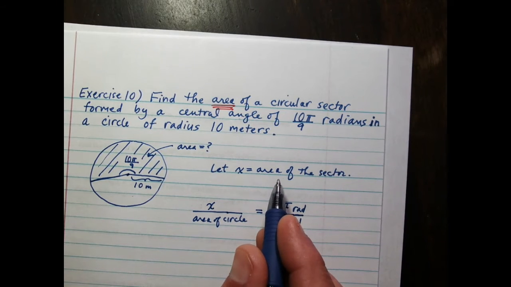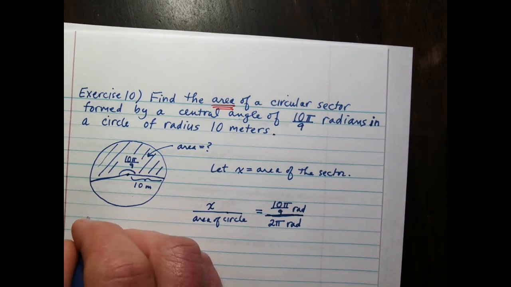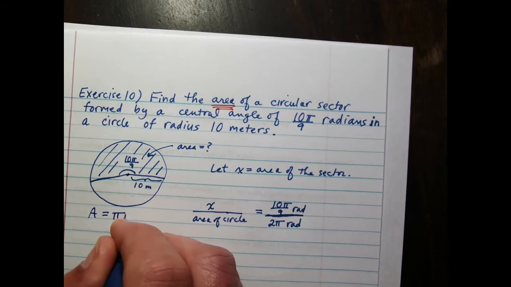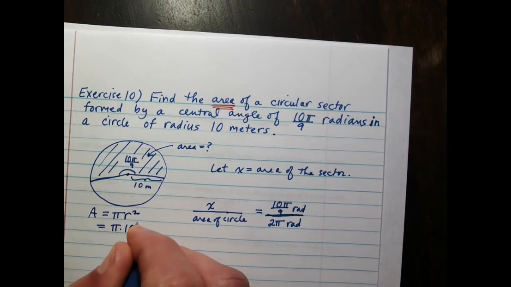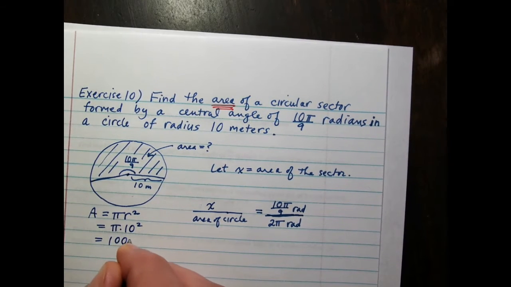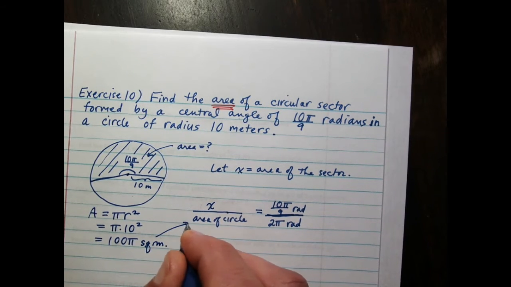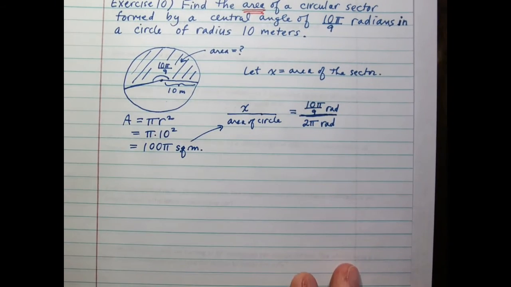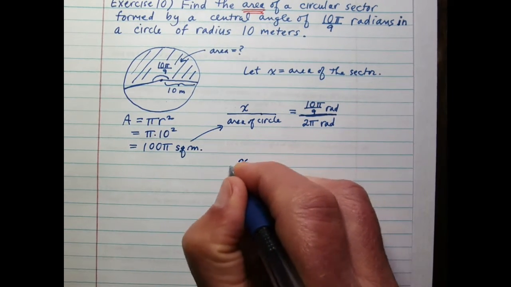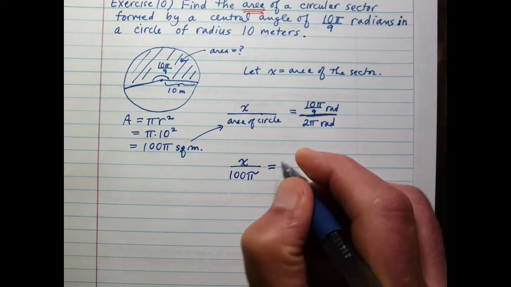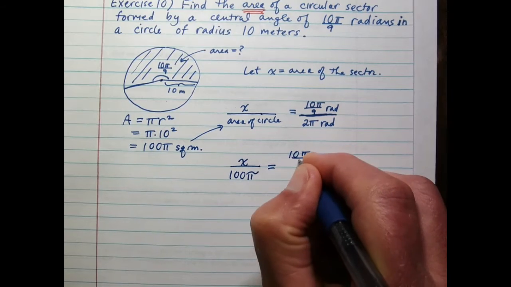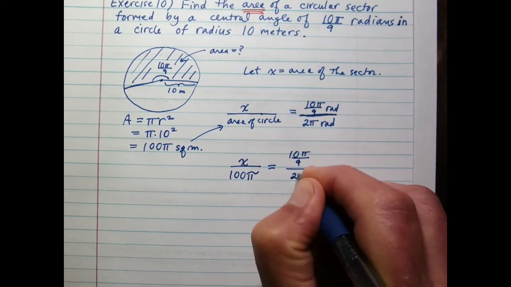So I need the area of the full circle here. The area is pi r squared, which is pi times 10 squared, or 100 pi square meters, are the units of area. So that's what I've got to plug into my proportion. X over 100 pi equals 10 pi over 9 over 2 pi.